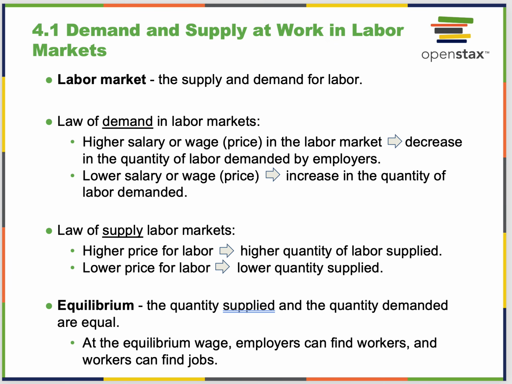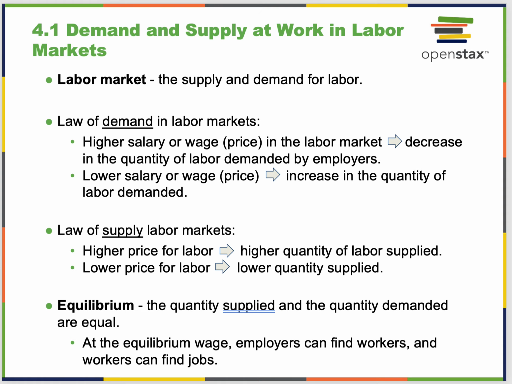So there is a supply and demand for labor. The law of demand in labor markets: the higher the salary or wage in a labor market, the lower the quantity of jobs being demanded by employers. Here we flip-flop. The employers are the ones that are the demand for work.